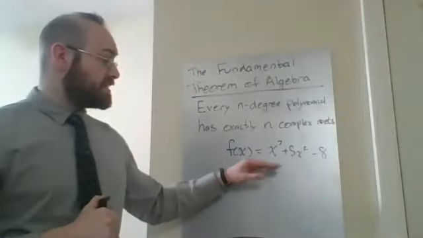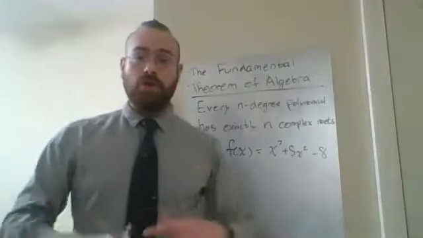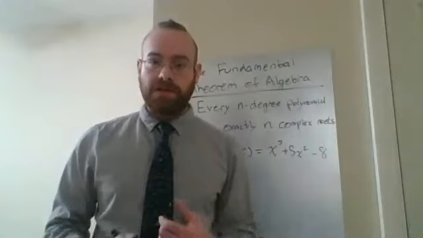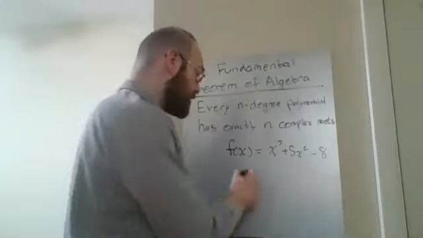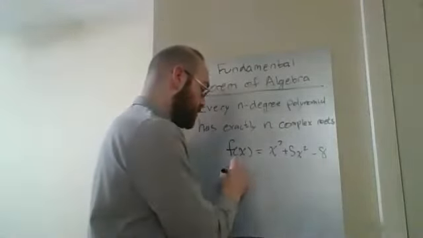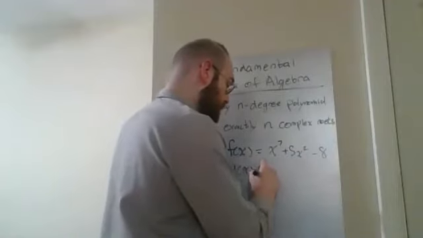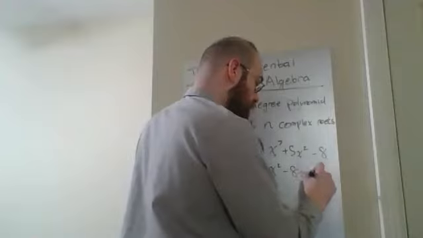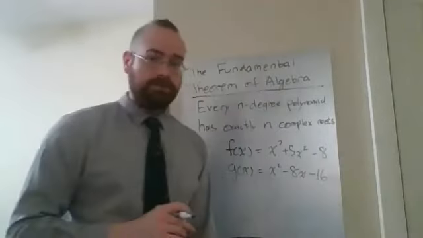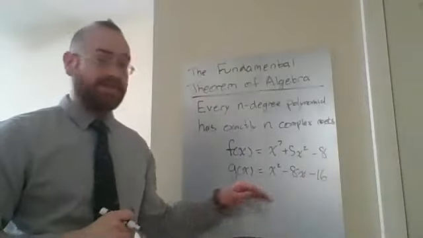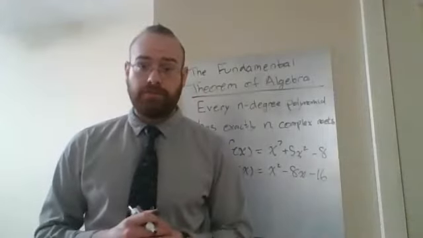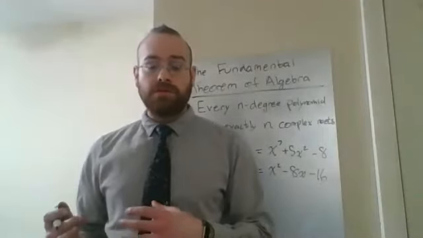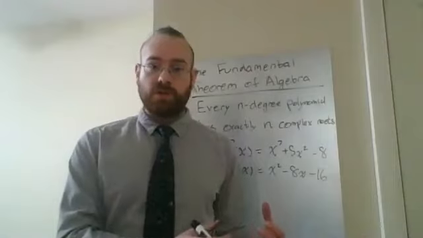So if we know it's a 7th degree polynomial, we know we're going to have 7 answers. Just like if we have a quadratic function, for example, x squared minus 8x minus 16, we know that this will have exactly 2 solutions, because the degree tells us how many solutions we get.